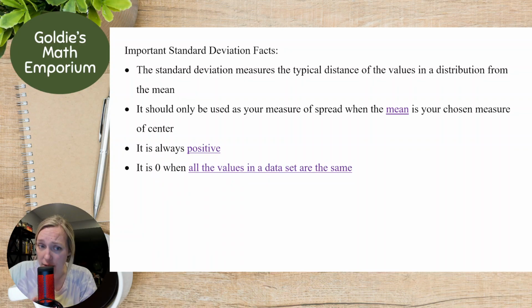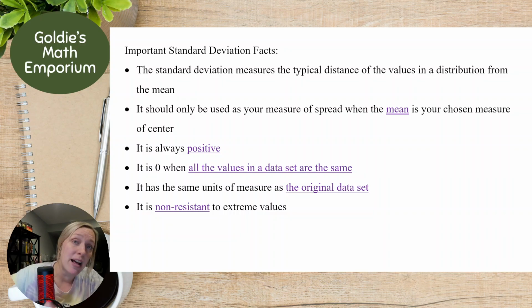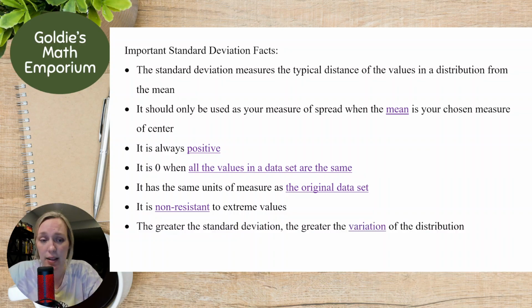It's always positive. It's only 0 when all the data values in the set are the same. So standard deviation is never negative. It has the same units of measure as the original data set. It's non-resistant to extreme values, just like the mean is. Outliers greatly affect this.